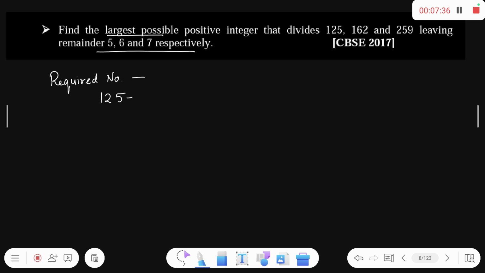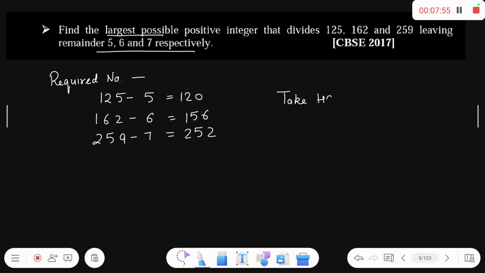125 minus 5, 162 minus 6, 259 minus 7, and your numbers become 120, 156 and 252. Now take HCF of 120, 156 and 252.